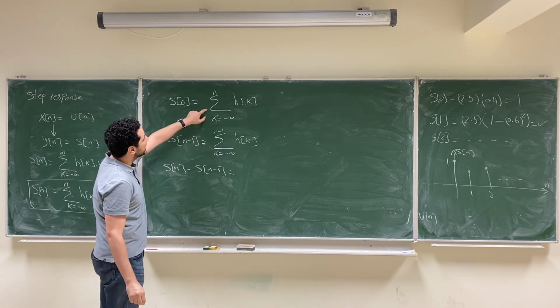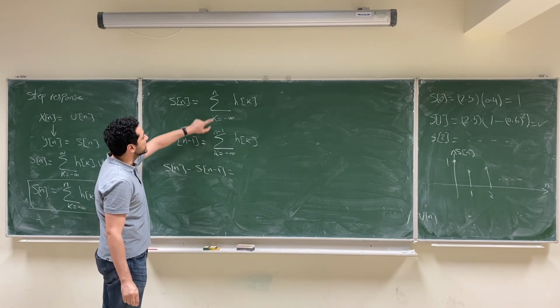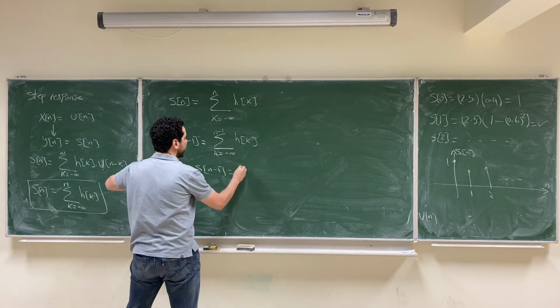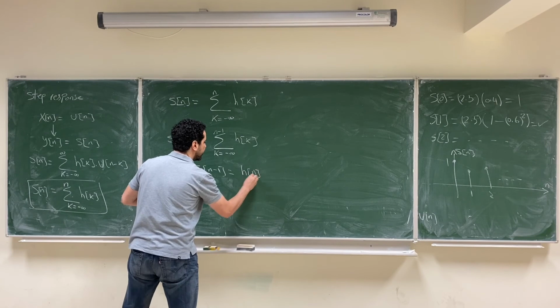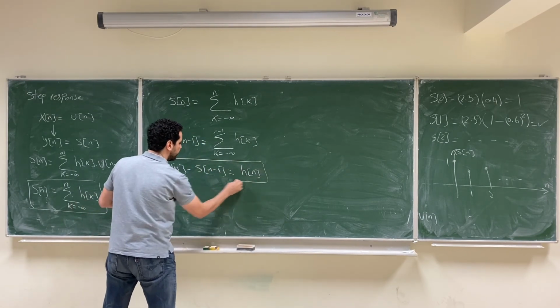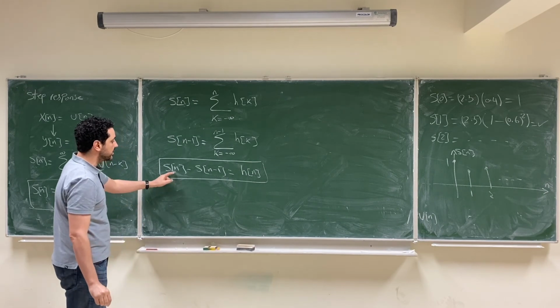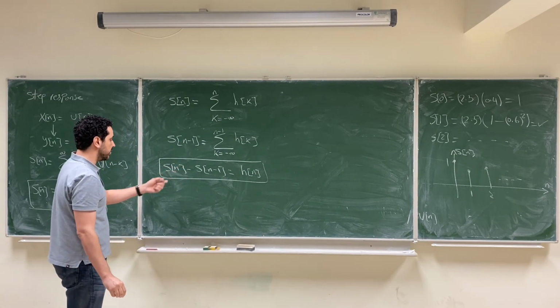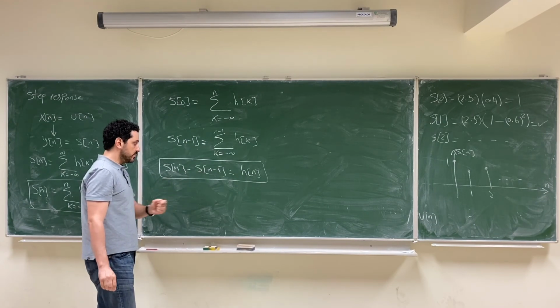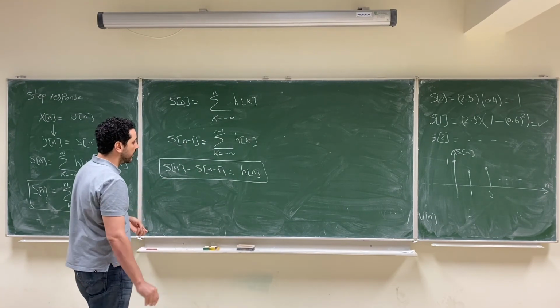These are exactly the same summations, except that here we have only one extra term, which is h[n], right? So you'll find that the impulse response h[n] will be the difference between s[n] and s[n minus 1], the difference between the step response and the step response shifted to the right by 1.